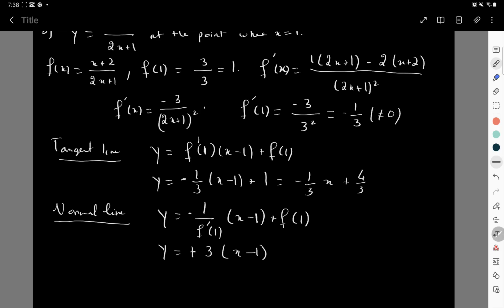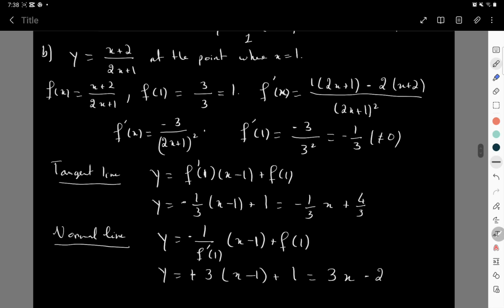Times x minus 1 plus 1. So what do you get? You get 3x minus 3 plus 1. So this is 3x minus 2. Okay, so this is an equation of the normal line at 1, 1, right? F of 1 is 1.